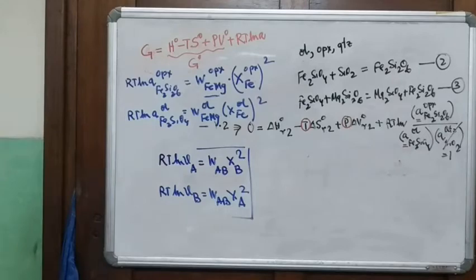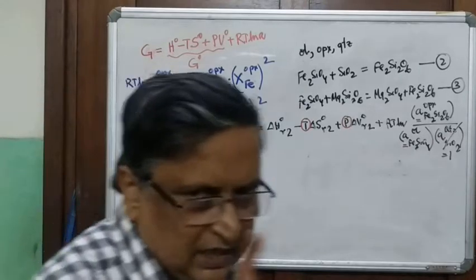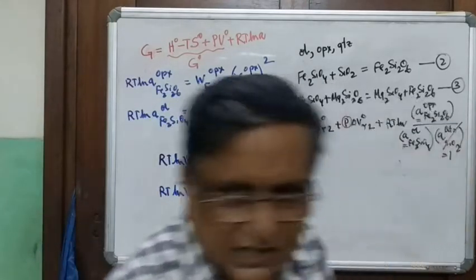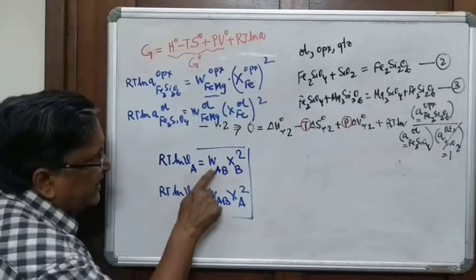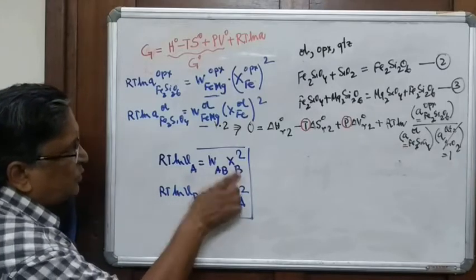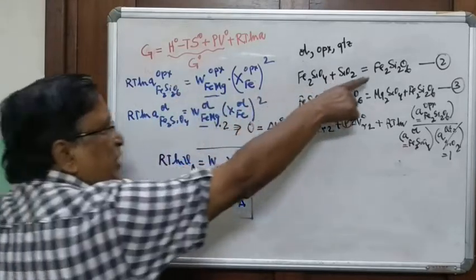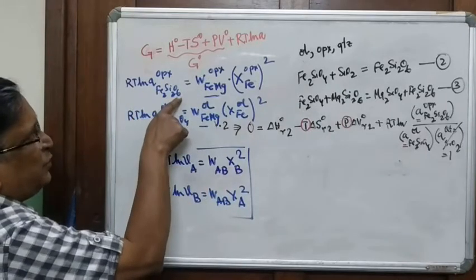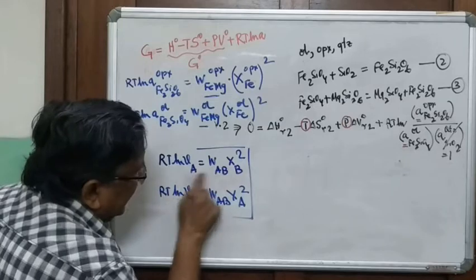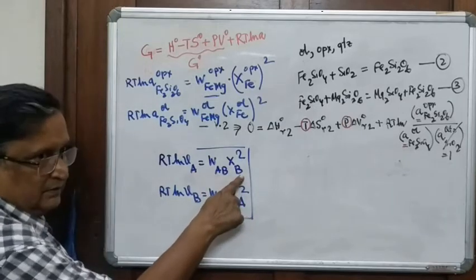There is a little more complication that I will do in the next class. I will not get time in this class to do it. So this is how it works. RT ln gamma A is equal to WAB into XB squared. If I transfer this to the orthopyroxene, where RT ln activity of Fe2Si2O6, you see here, if this is A, this has to be B squared. Right?